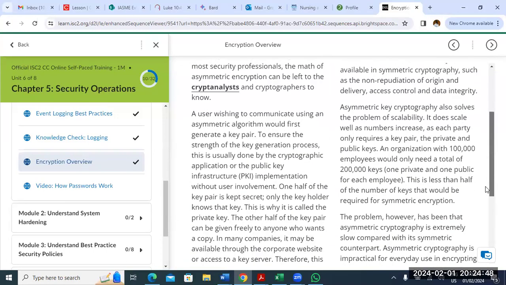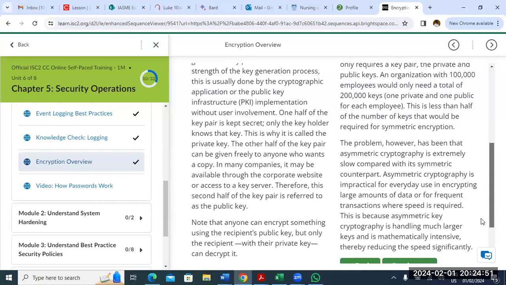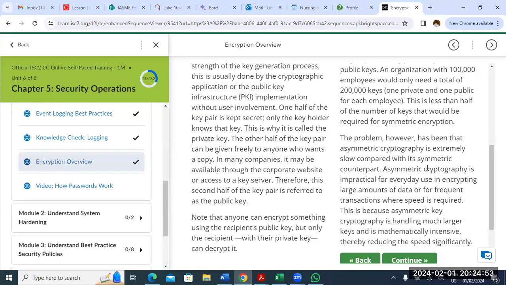The problem, however, has been that asymmetric cryptography is really slow. Why? Because we are using different keys. It's slow compared with its symmetric counterparts. This is just the difference between the two. The symmetric one is faster because we are using the same key, but now that we are using different keys, it's slow. Asymmetric cryptography is not practical for everyday use in encrypting large amounts of data for frequent transactions where speed is required.